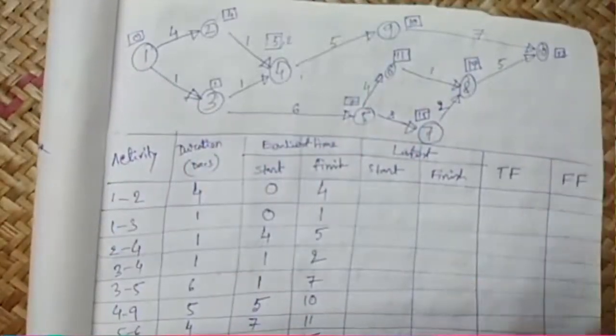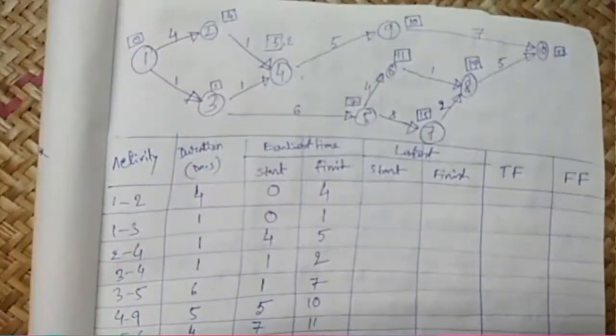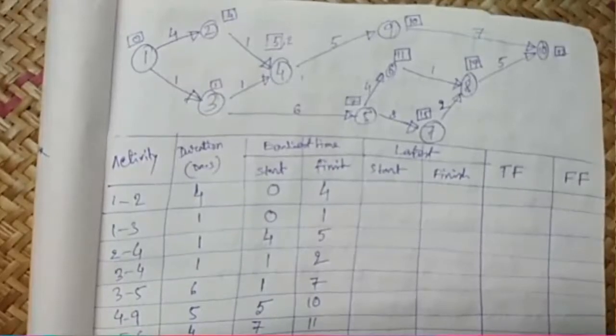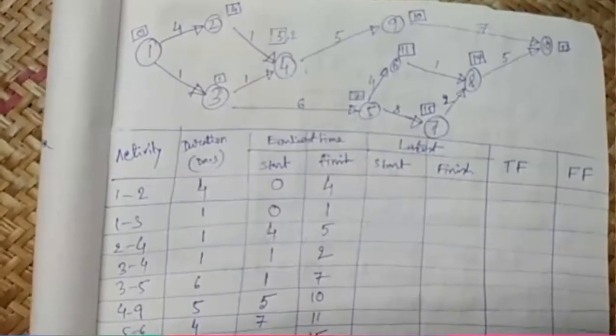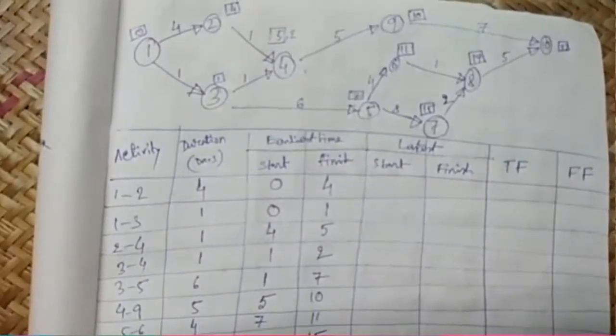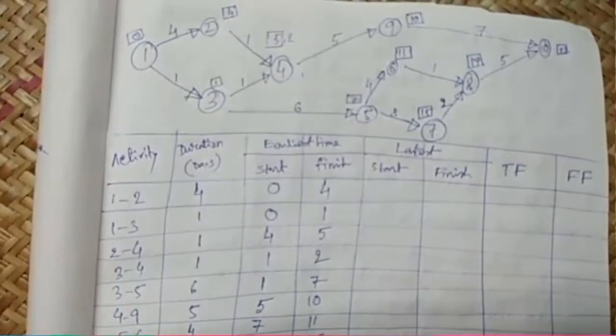Okay. Now we'll start the backward pass calculation. That means we'll calculate the latest times, and the latest times get written on the triangles just above the rectangles.